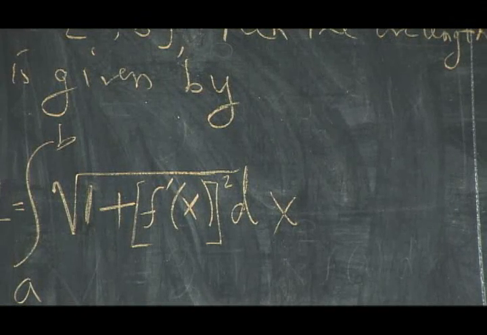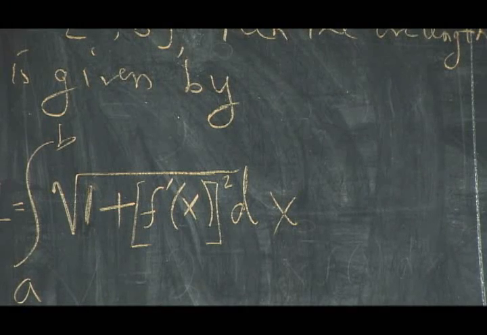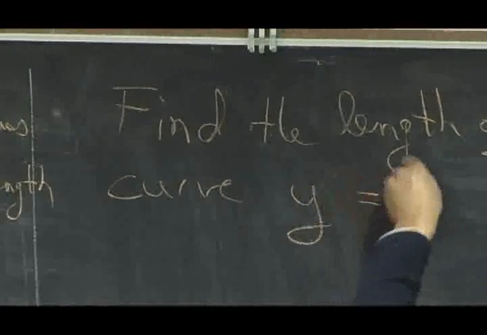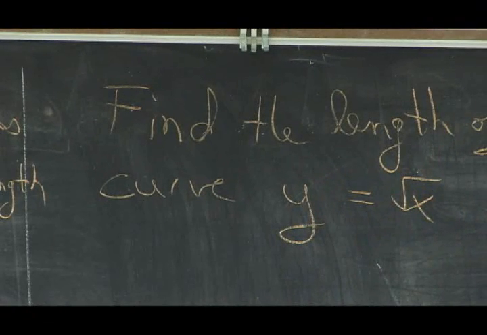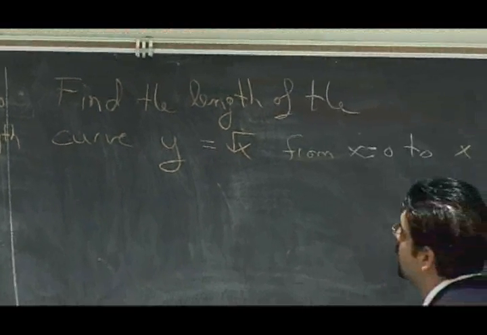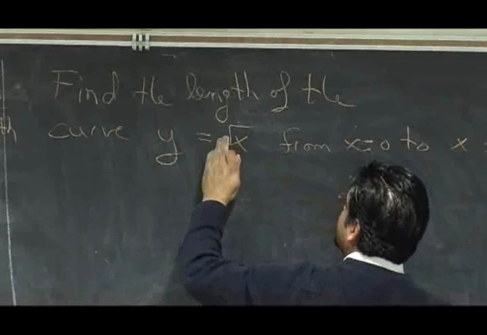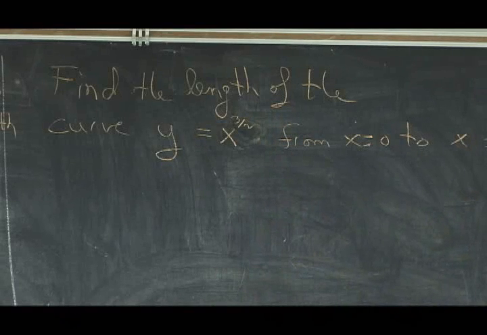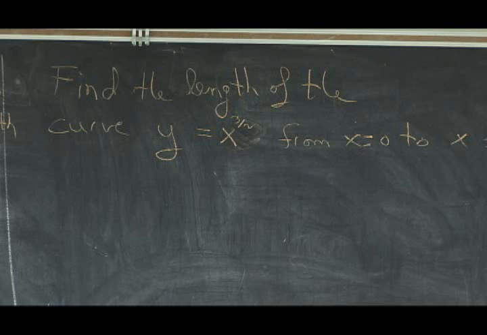Here's an application. Find the length of the curve y equals the square root of x from x equals 0 to x equals 4. Oh, sorry. That's x to the 3 halves. y equals x to the 3 halves from x equals 0 to x equals 4.